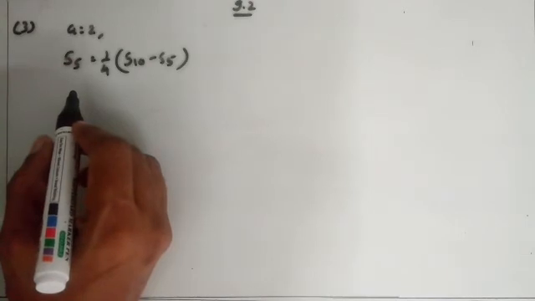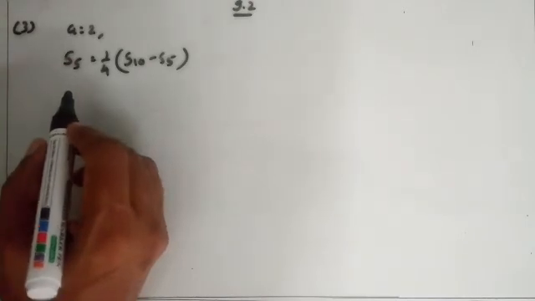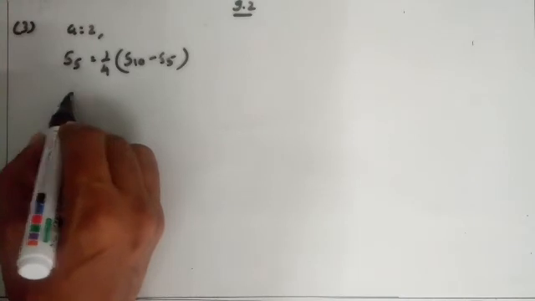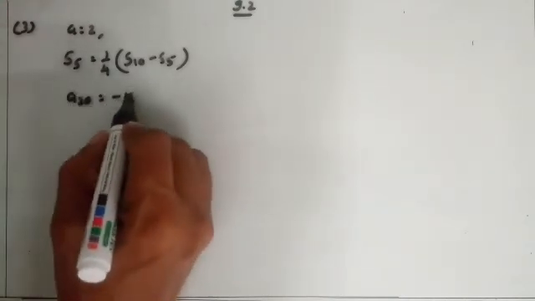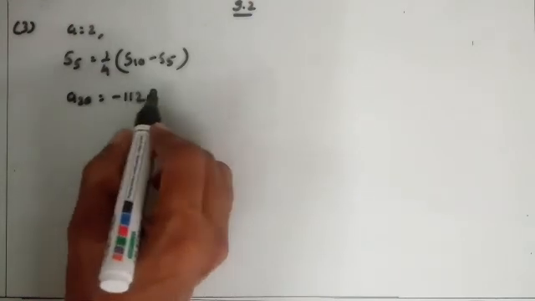Show that the 20th term, that is a20, is equal to minus 112.